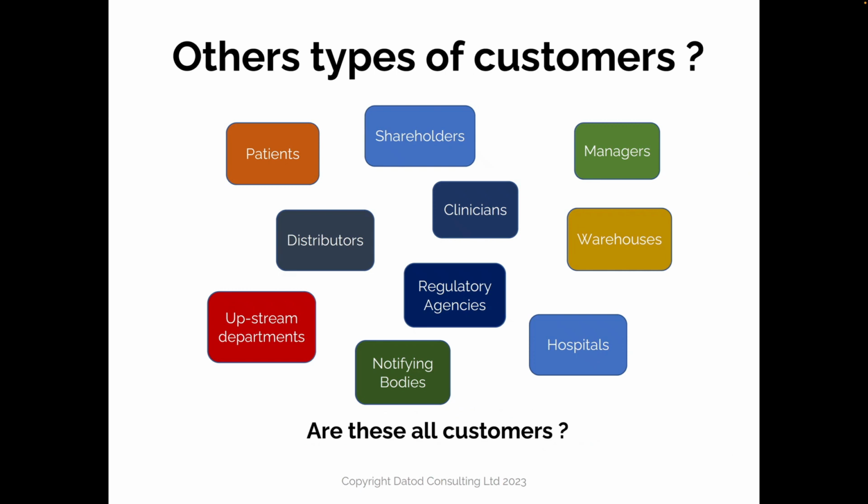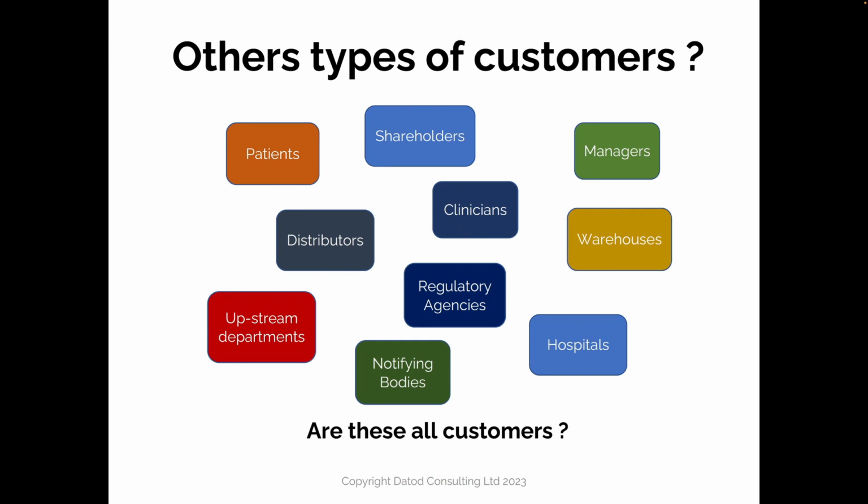There's the regulatory agencies in terms of the regulations you have to fulfill. There's the distribution warehouses and distributors. They're forms of customers you supply products to. Very often we look at customers within factories and facilities who are upstream of your department as being customers. We look at notified bodies as having this sort of customer relationship with you, and obviously the hospitals that actually use the products you make.